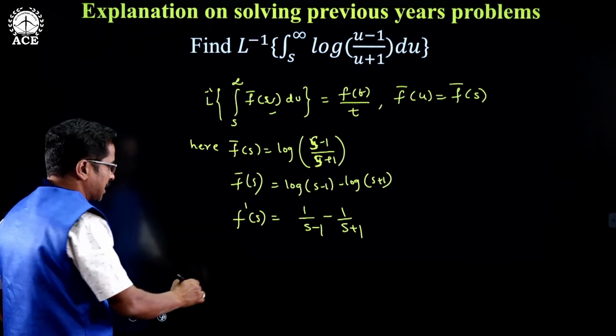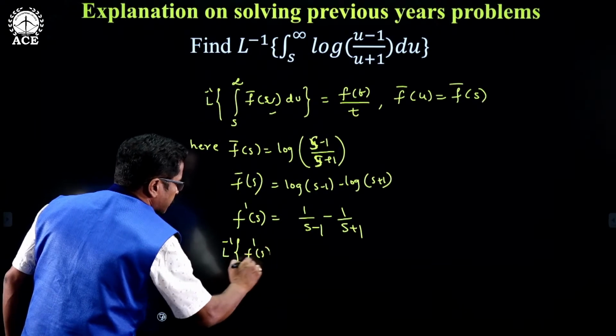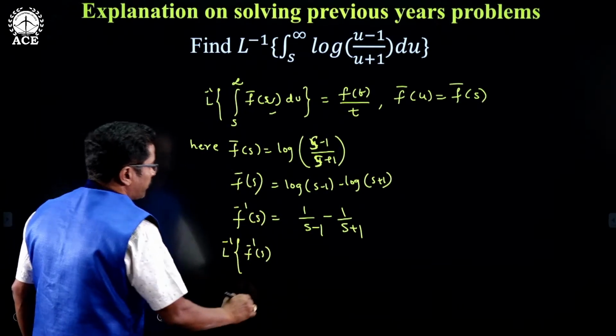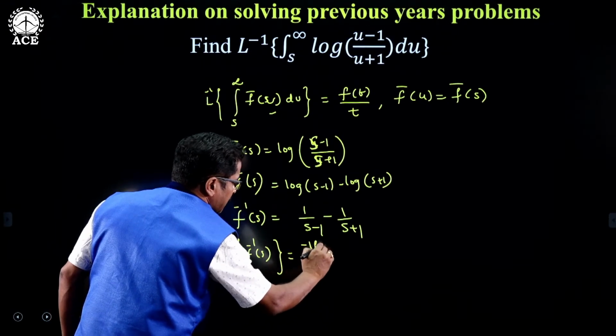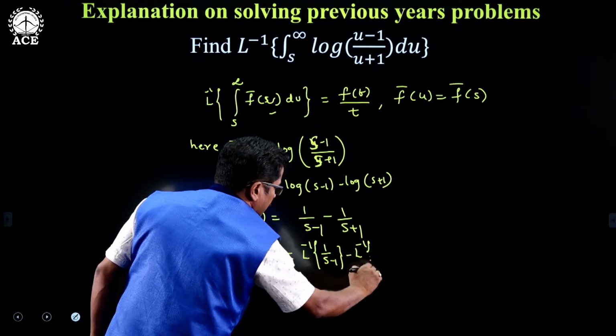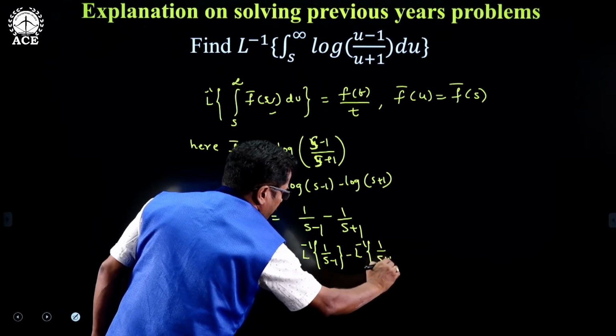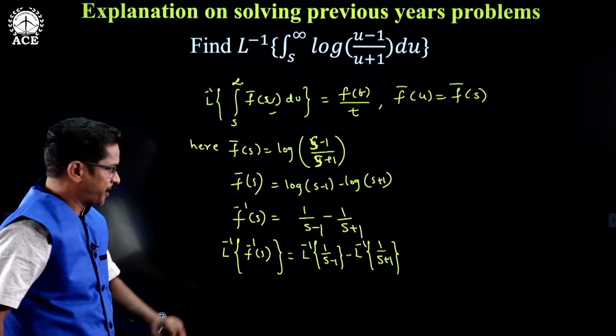Here you can evaluate easily. So then L inverse of f bar dash of s equals, I am separately applying the inverse Laplace transform to the terms, as per the linearity property.